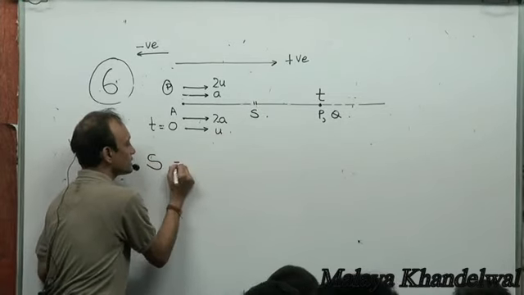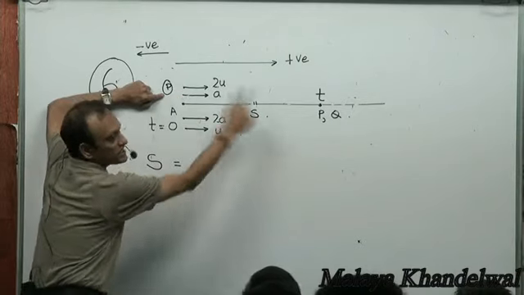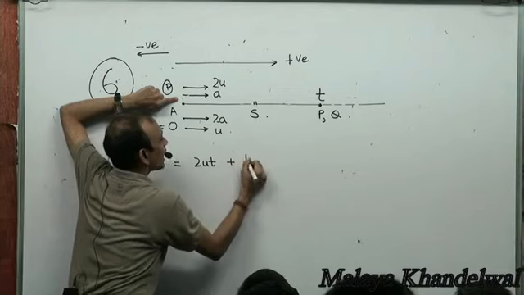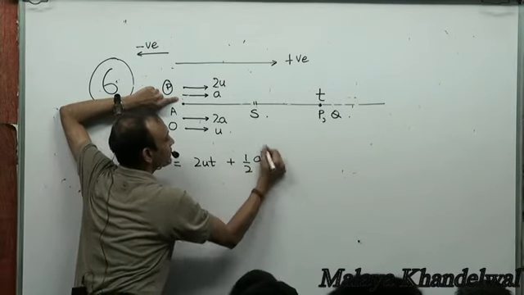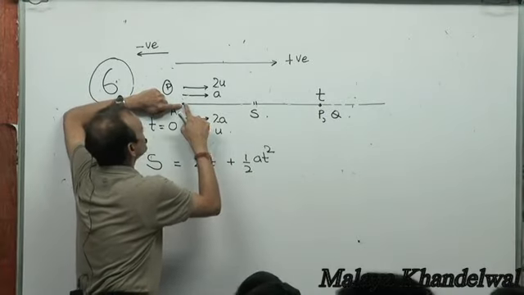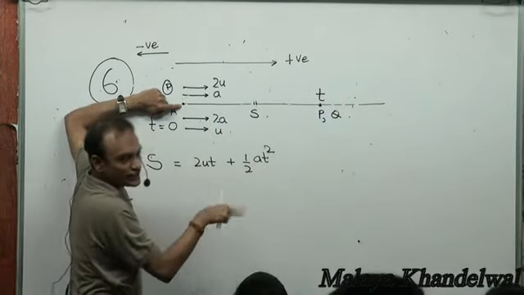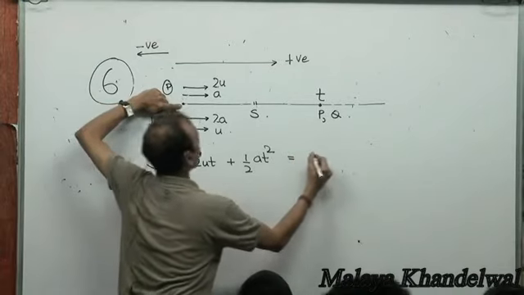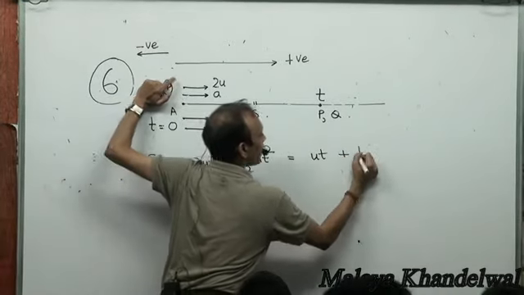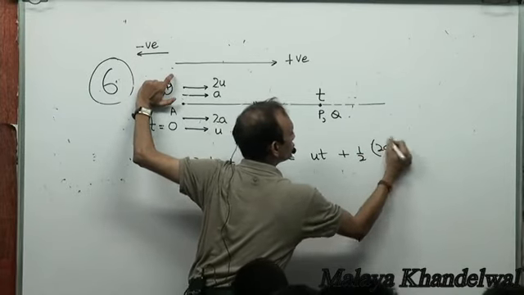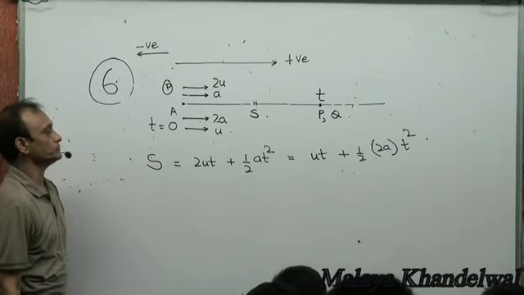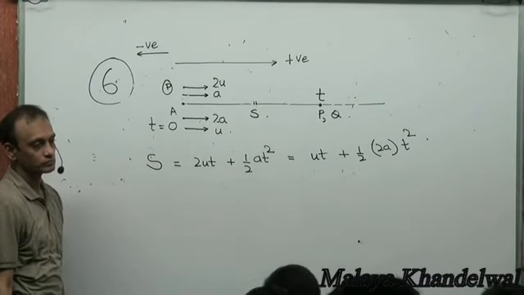So S that P undergoes in t seconds is going to be 2ut plus half of A t squared, and that must also be the displacement that Q undergoes in t seconds, which is u into t plus half of 2A into t squared. Yes or no?